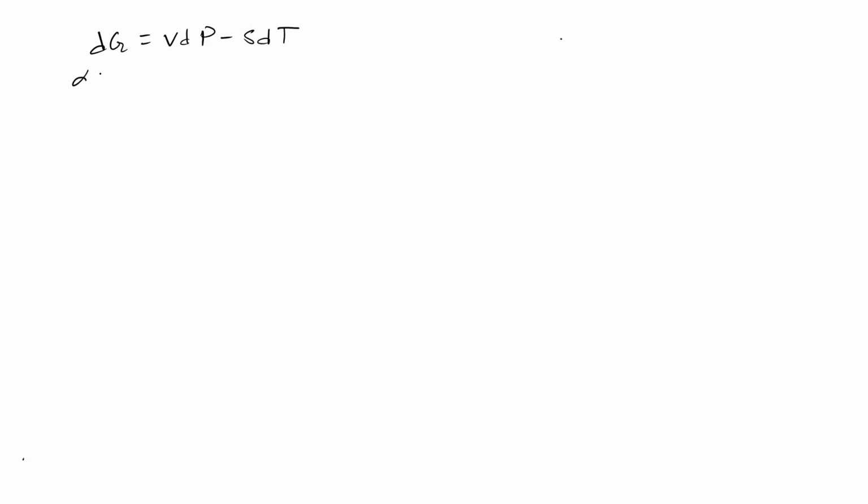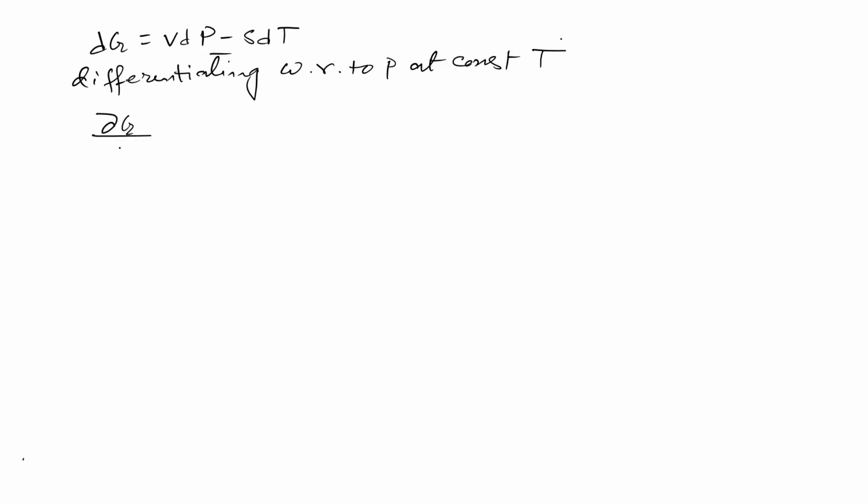If we differentiate with respect to pressure at constant temperature, then we get (∂G/∂P) at constant T is equal to V. So, we can write dG is equal to VdP.